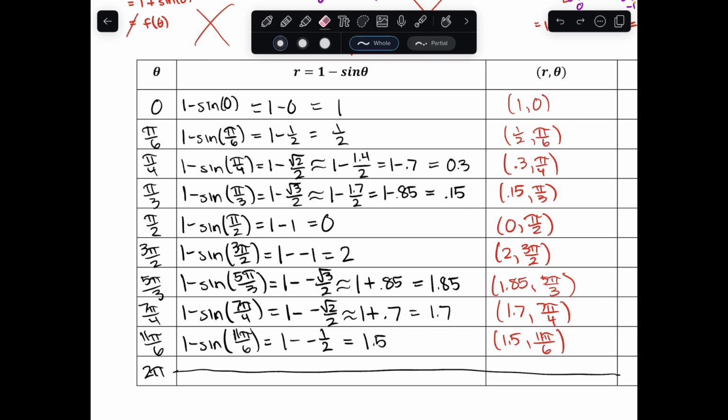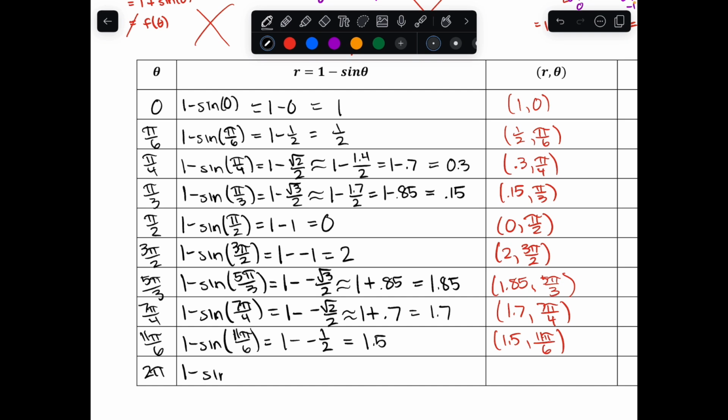We've come all this way, so we might as well just do this. We know that this should connect back to where it originally started, but let's do it anyways. So 1 minus sine of 2 pi is going to be equal to 1 minus 0, which is going to be equal to 1. And so we end with 1 at an angle of 2 pi.